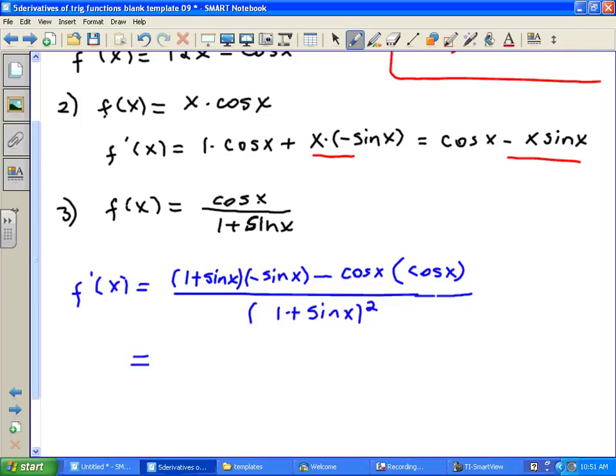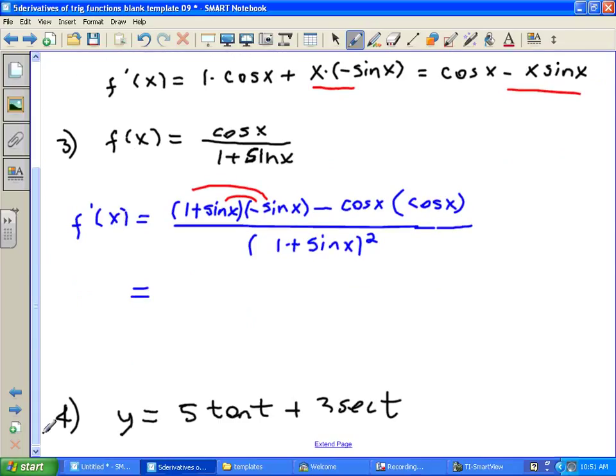Let's distribute that negative sine x into both of those two terms. Negative sine times 1 is negative sine. Negative sine times sine is negative sine squared. And the last two multiplied together give me minus cosine squared, over the same denominator.